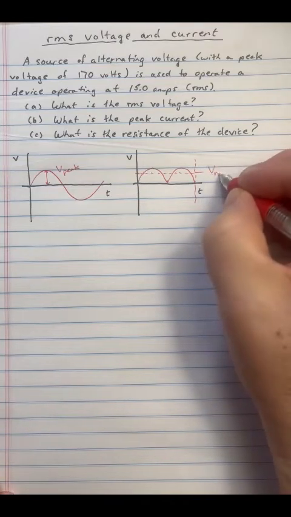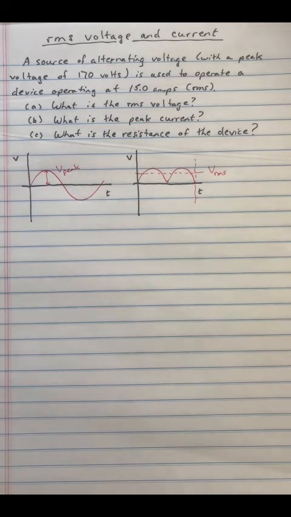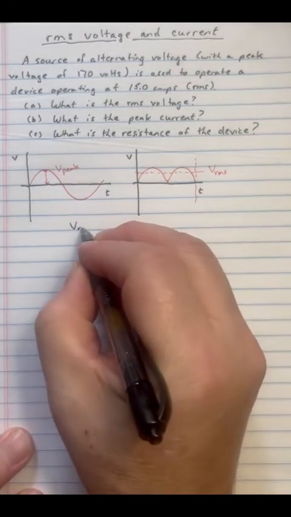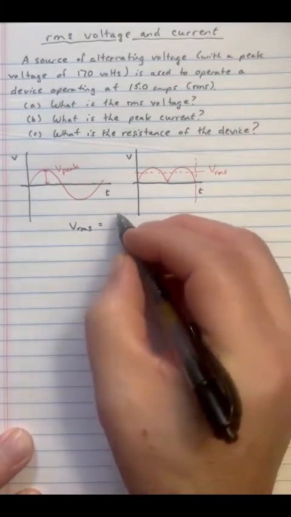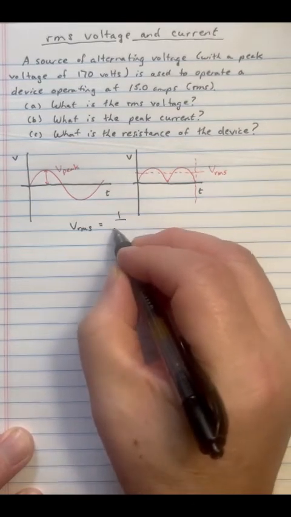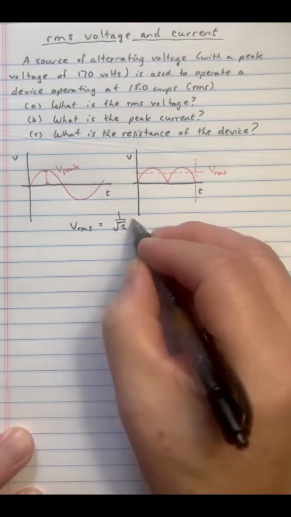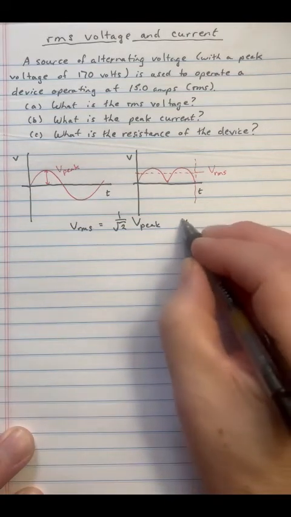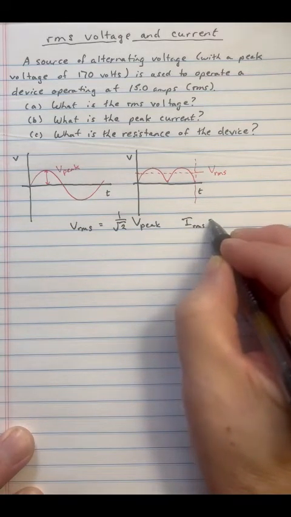Now, I'm drawing this for voltage, but you could also have this sort of discussion for current, and you get the same sort of idea. All right? So RMS current, RMS voltage, and the formula to transform from RMS current and peak current, or RMS voltage and peak voltage, looks like this. And it'll be the same thing regardless of whether you're talking about current or voltage.